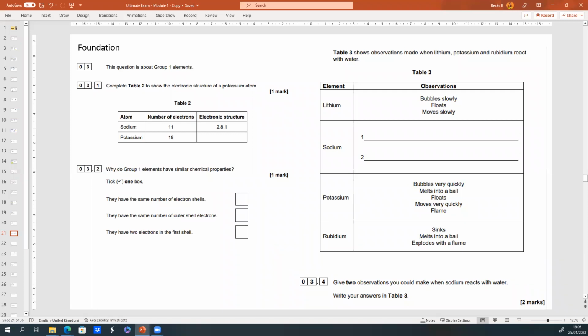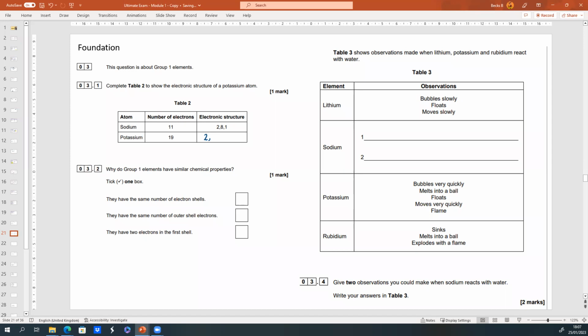So, table 2 shows the electronic structure of a potassium atom. It tells us that we've got 19 electrons. We've got 2 in the first shell, and the way that we write them, we follow this sort of pattern. When we've got a full shell, we put a little comma to show that we are moving into the next shell.